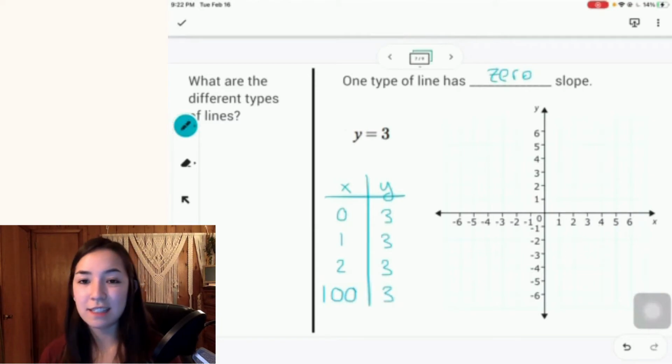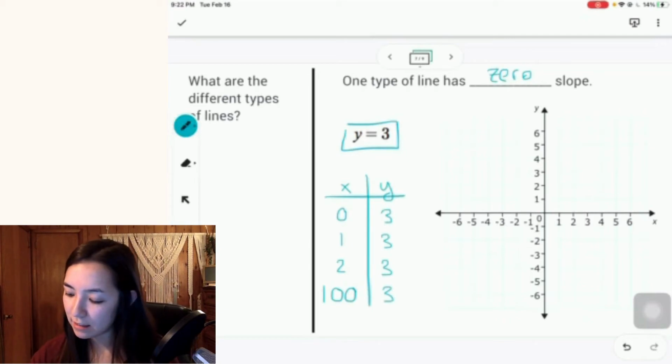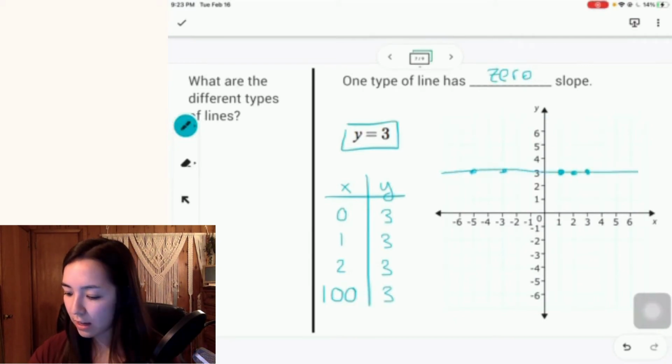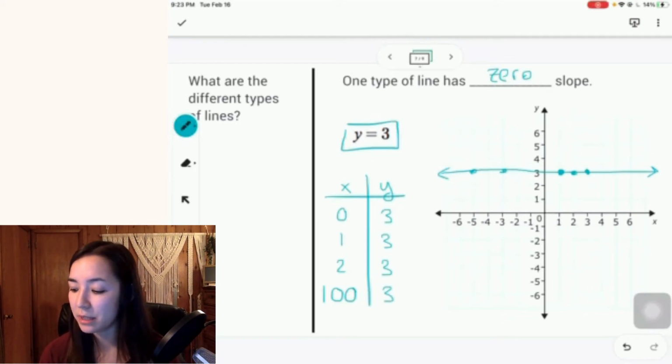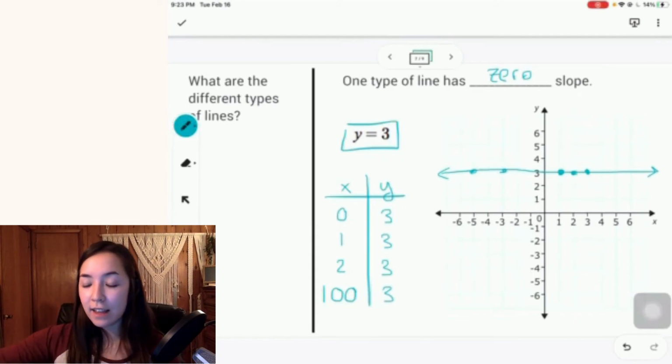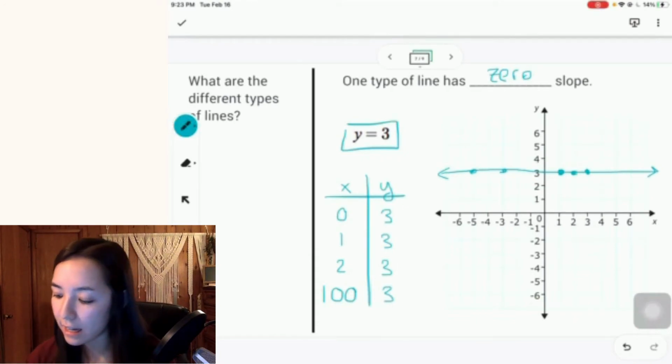This rule is telling us no matter what you put in for x, you're just going to get 3 for your y, no matter what. So our line is just going to be this flat line across, that crosses the y-axis at 3. Y equals 3 is a flat line that crosses at 3.